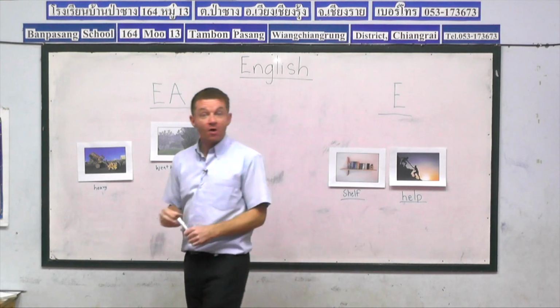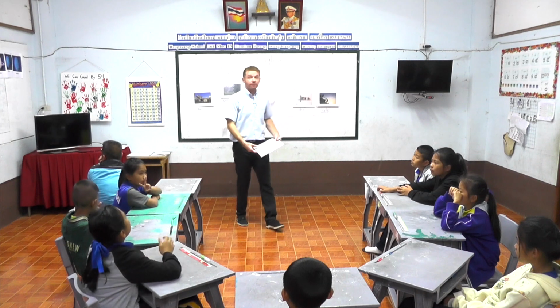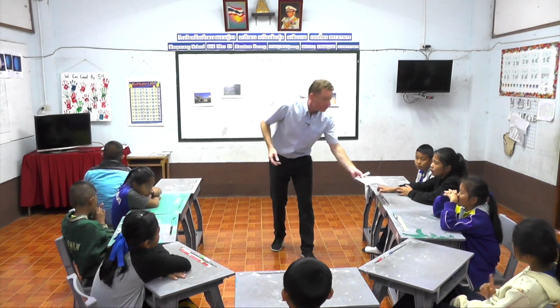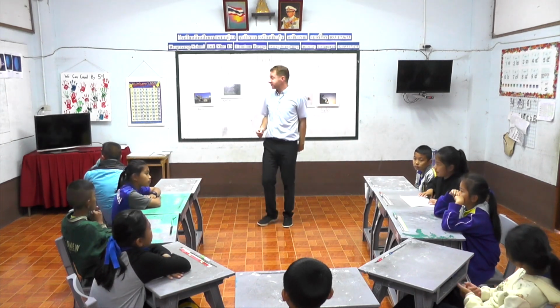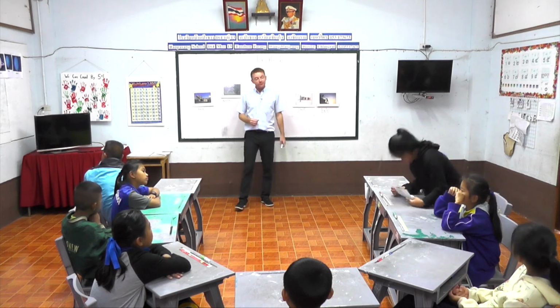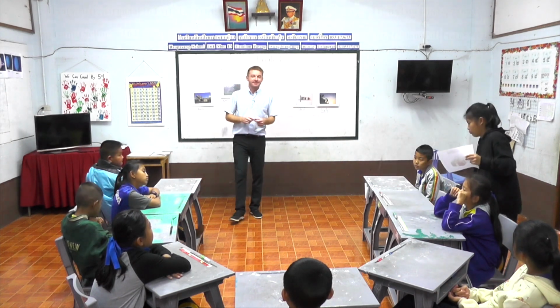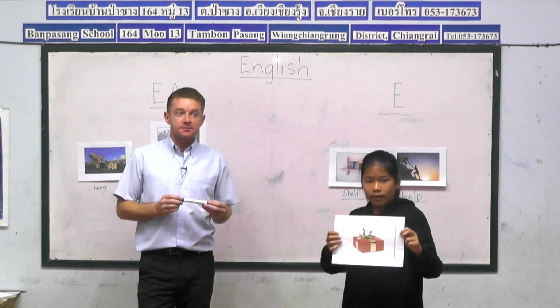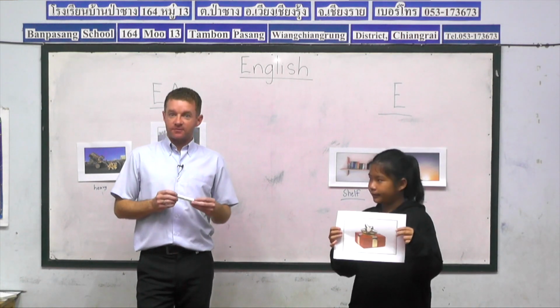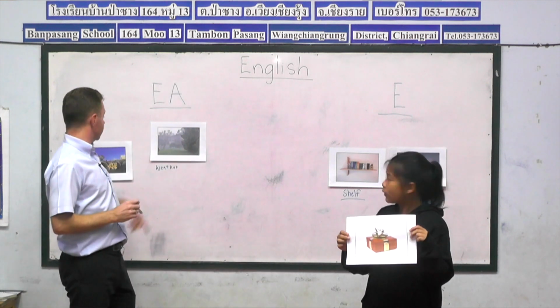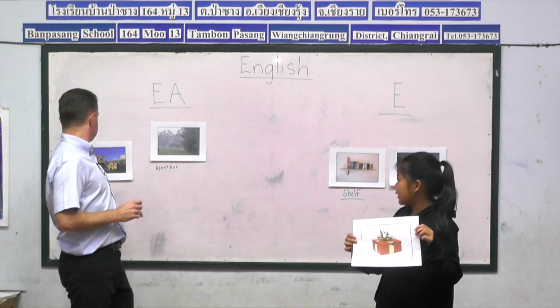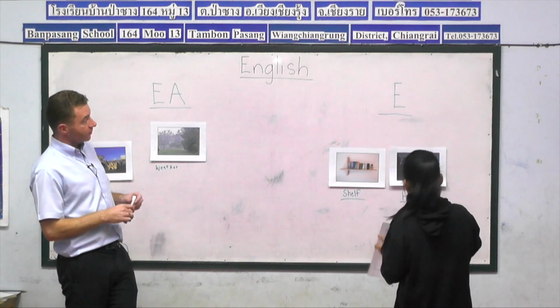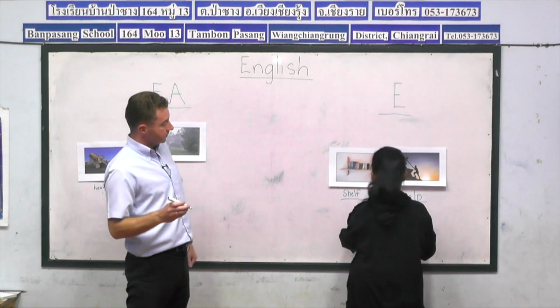Okay, and on to our next student now. And this is something we might like to receive on our birthday or at Christmas. So Lakgao, can you come and show it at the front of class? What can we see, guys? Present. Now, is present an EA spelling or is it E? Yes. So you can place it on the board there, please, Lakgao.